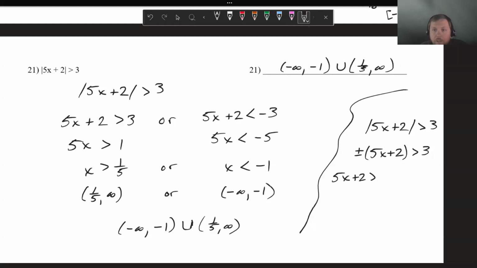So 5x plus 2 is greater than 3, or negative quantity of 5x plus 2 is greater than 3. And then if you do an operation to move that negative to the other side, you get 5x plus 2 is less than negative 3. So really, again, all this is from the textbook, it's a shortcut.